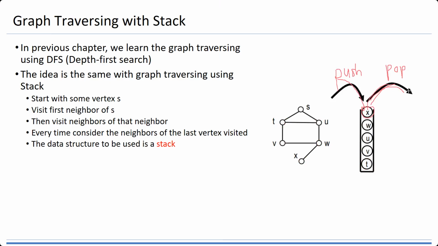After you remove this from the stack, then okay, the last vertex is X. And then after X, I can visit W. And then after I visit W, so I can consider the U. So we can check whether U and W is connected. If it is connected, then we can just make the connection. And then we check the V, whether it is connected to U or the W, and so on.